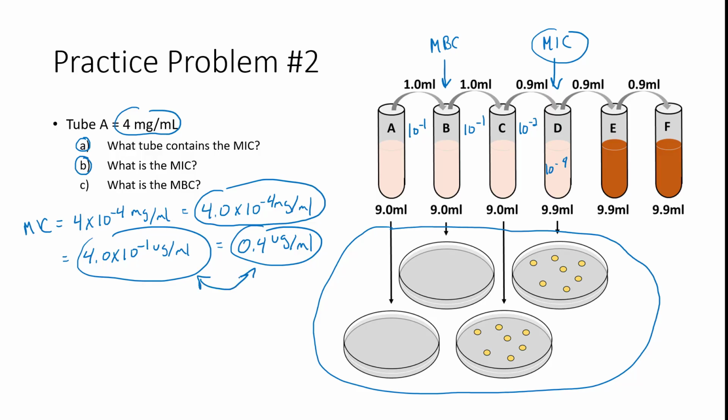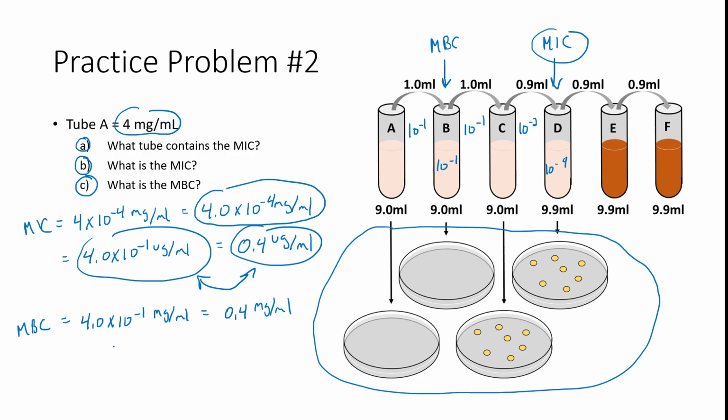And now let's take a look at C here. What is the MBC? Well, we have enough data to determine the MBC, and we do it the same way. The total dilution factor in the MBC tube is only 10 to the minus 1, right? So this would be 4.0 times 10 to the minus 1 milligrams per mL. We could just write it like that if we wanted to.